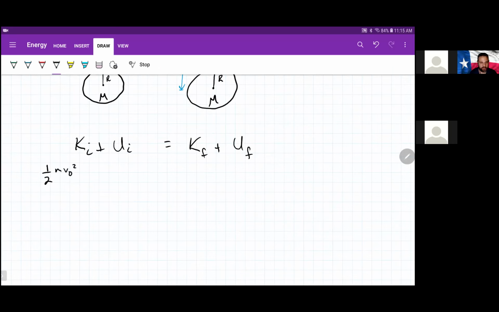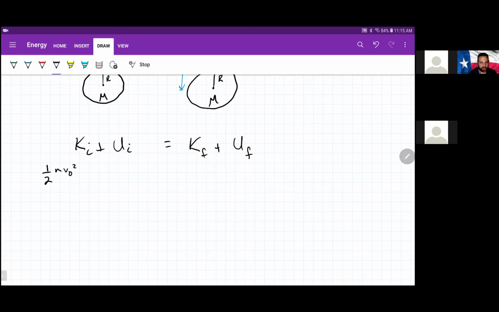I was going to skip some of the stuff, but we need to solve for v, for v naught specifically.